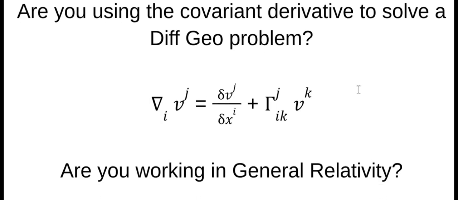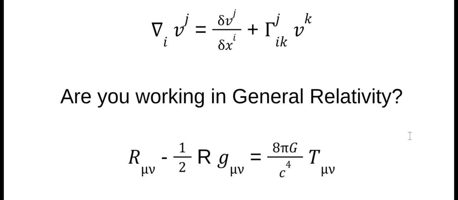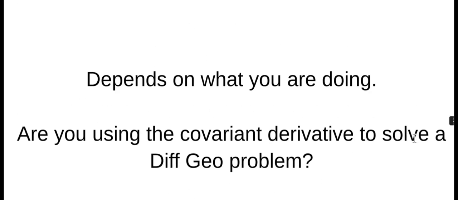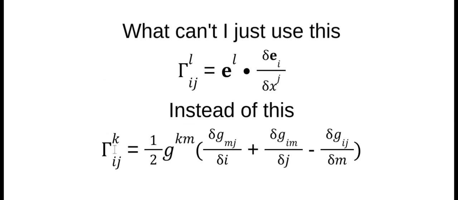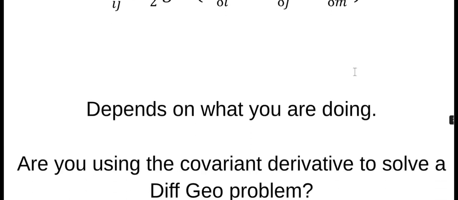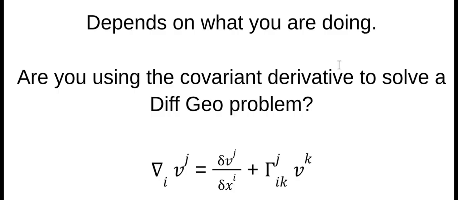But are you working in general relativity, where you need the metric tensor anyway if you're going to have any hope of solving these field equations? So if you have to find it anyway, why not make your life easier and just use the format? But you don't have to. You can do this, and I'll show you. It's pretty easy actually. Okay, so let's take a look.